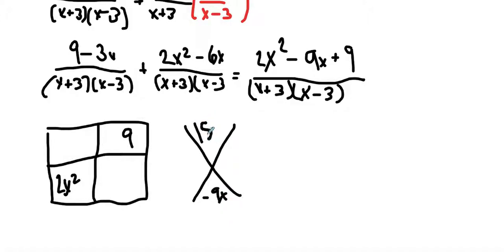Multiplying up, 18x squared. All right. So what multiplies to 18x squared and adds to negative 9? Hopefully you are thinking of negative 6x and negative 3x.